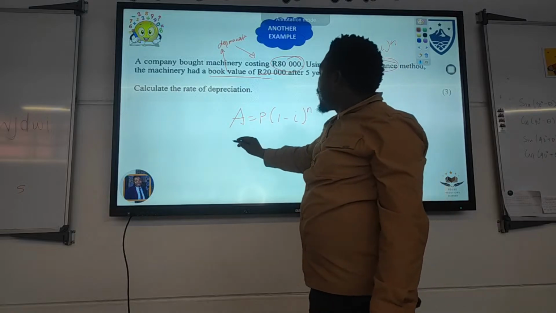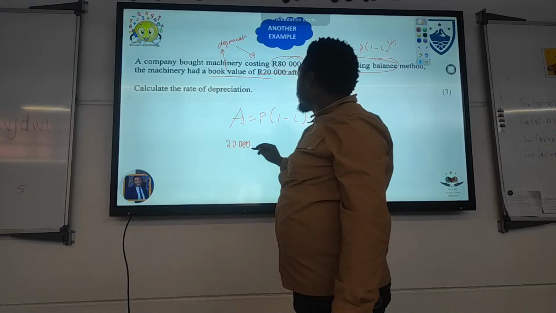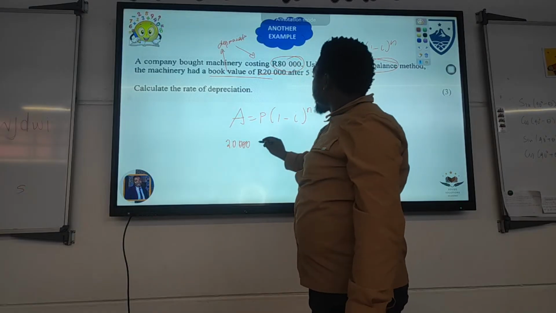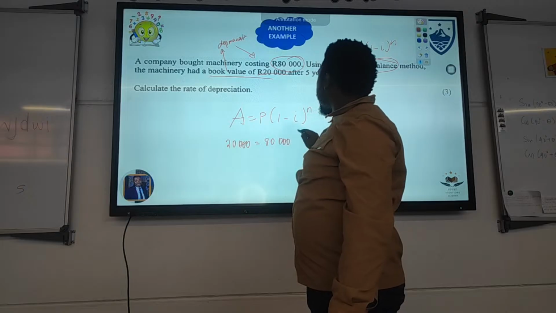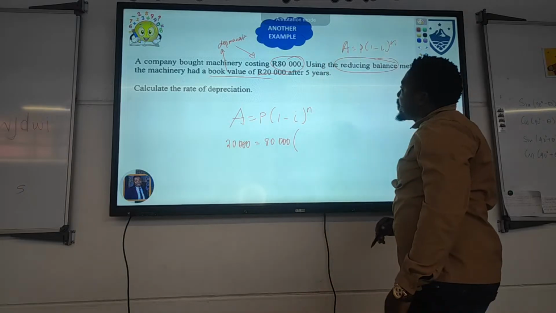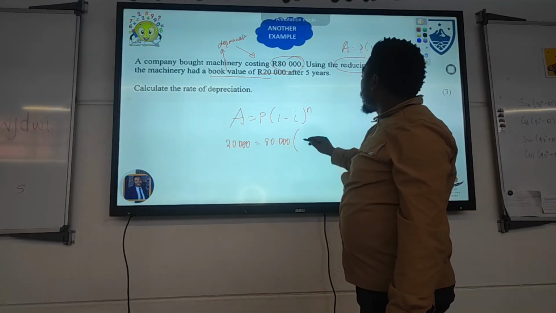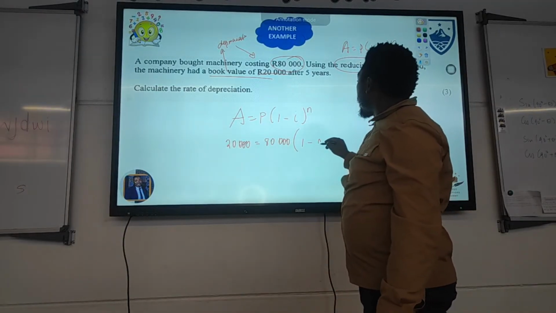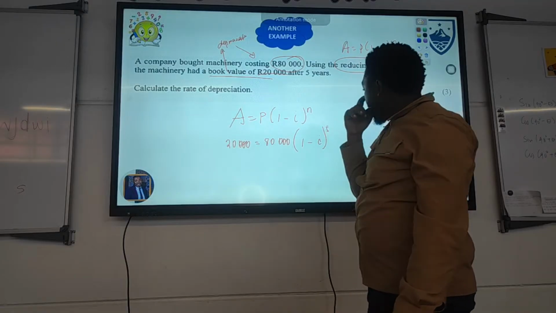So we have 20,000 this side, and after how many years? 5 years. They started with 80,000 worth of machinery, and they end up with 20,000 worth of machinery, and then 1 minus the interest rate, we don't know it, and then n is just 5 years.